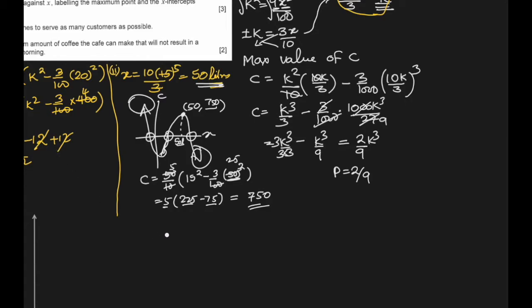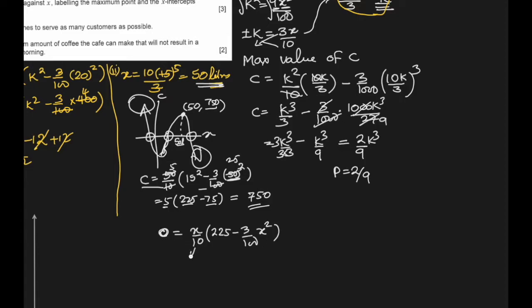Again we use the main equation: x over 10 times (15 squared, which is 225, minus 3 over 100 x squared) is equal to 0.